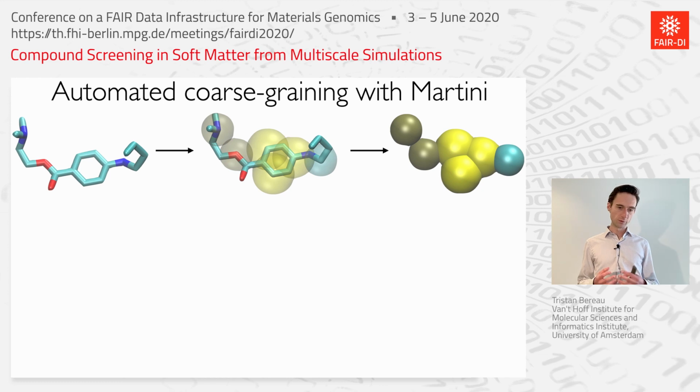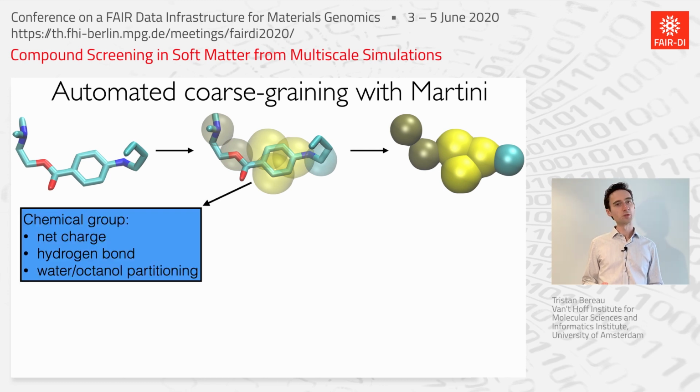And so for the experts, we're using the so-called Martini coarse-grain force field, which has been used a lot in the context of biomolecular simulations, for lipid membranes and proteins especially. And in our context, what we're interested in is doing this for many small molecules. And so what we had to do as a first step is to make sure we could parameterize these in an automated way, without any human intervention.